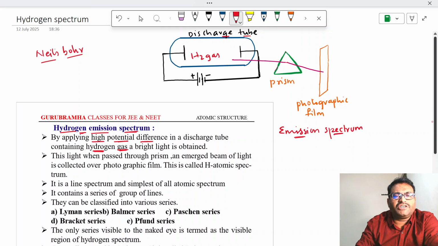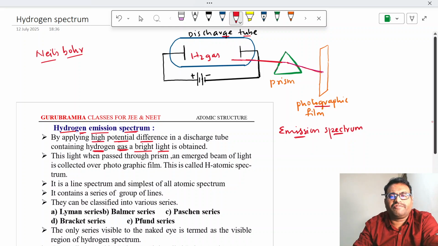So when high potential is applied, it is found that a bright light is obtained. This bright light is passed through a prism and made to fall on a photographic film. Whatever is observed on this photographic film is called what?